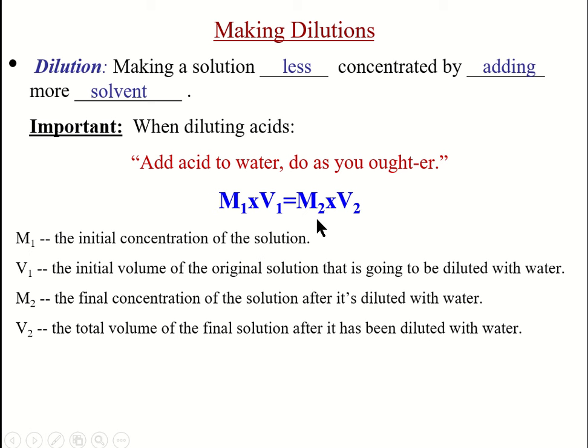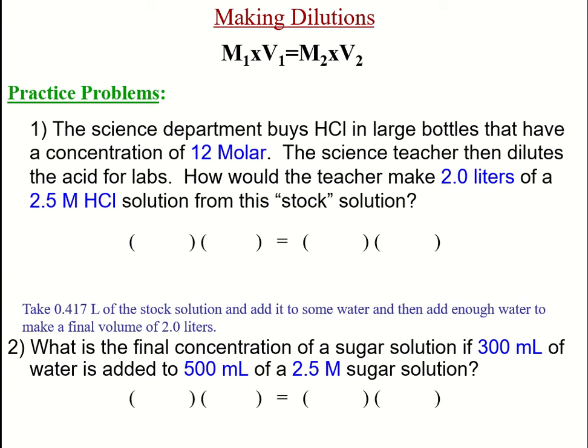So I will plug in the molarity of 1 that I need for the lab, the 500 milliliters that I'm making, and I will know that my stock solution is 6 molar, and then I'll solve for V1. Let's look at an example of this in the problems on the next page.